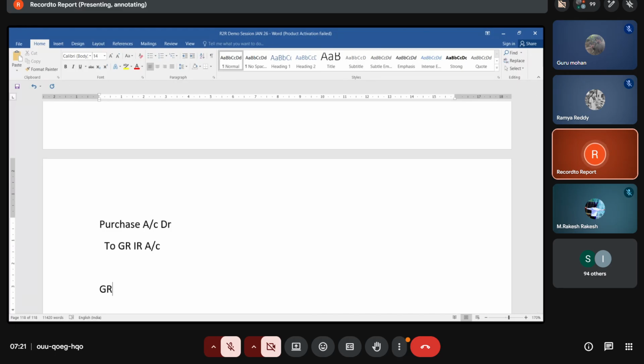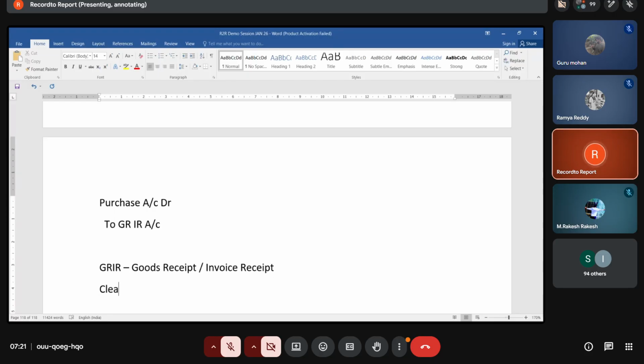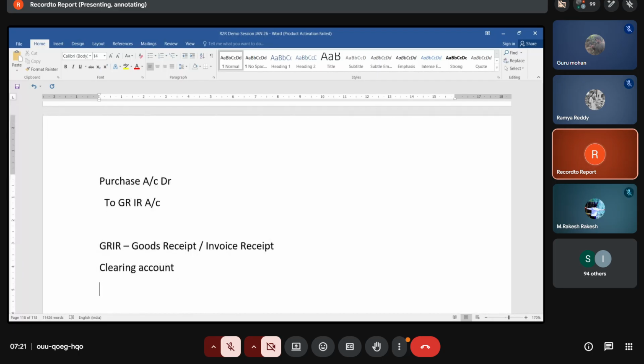GRIR is nothing but goods receipt, invoice receipt. It is one of the clearing accounts, guys. See, in real time what will happen? Goods will arrive first, and invoice will come later.